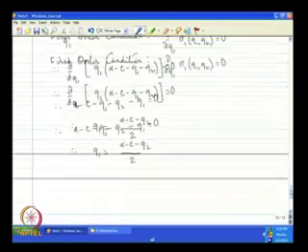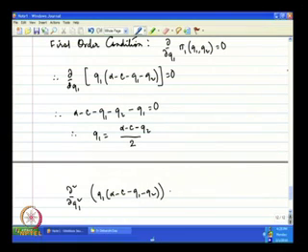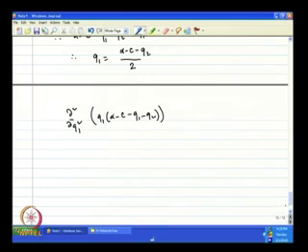Well, what I need to check is that this has to be less than 0. And is this less than 0?